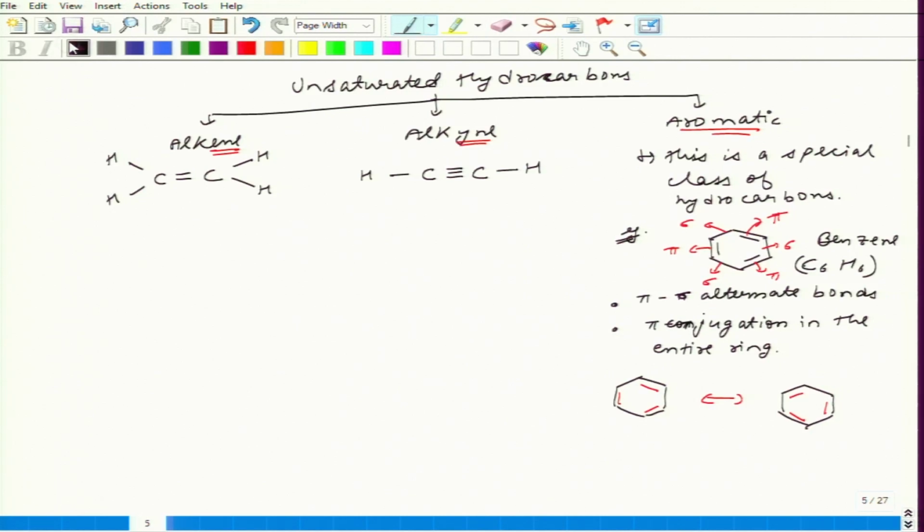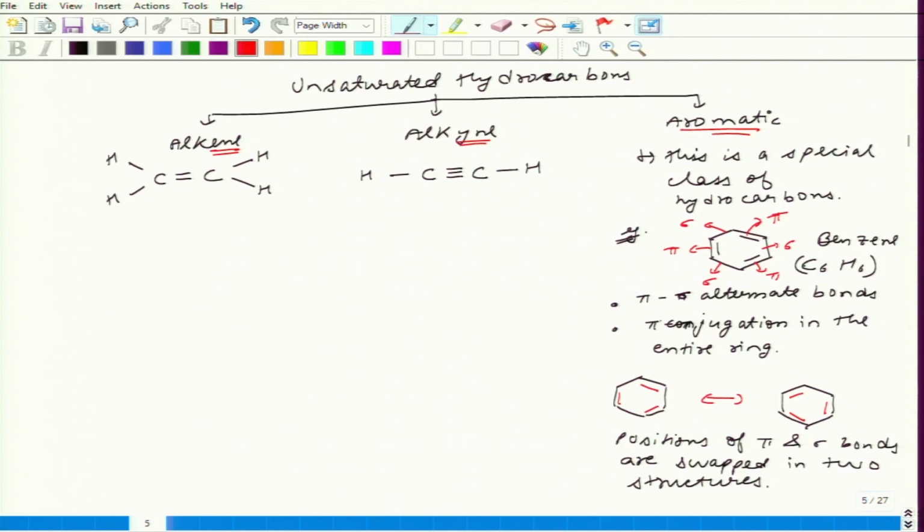The positions of pi and sigma bonds are swapped in the two structures. So this makes this class of hydrocarbons a special class.